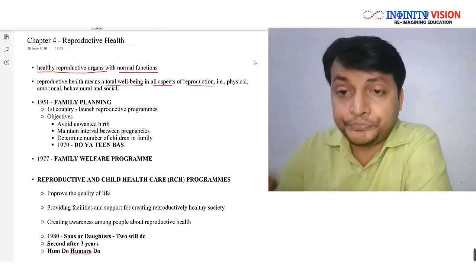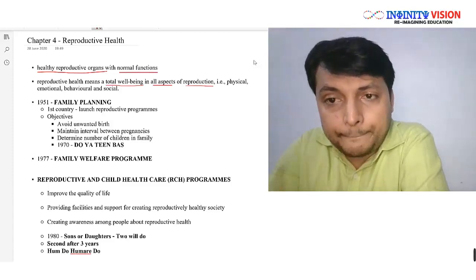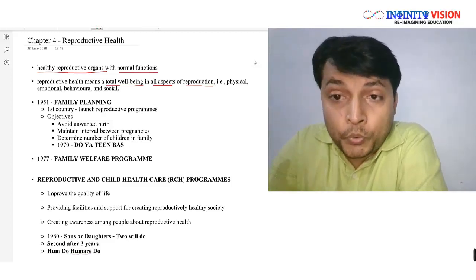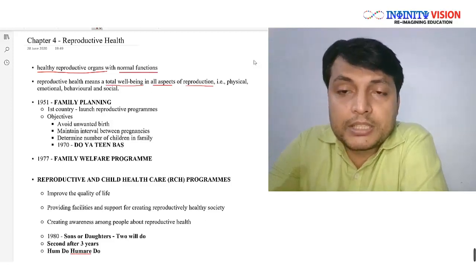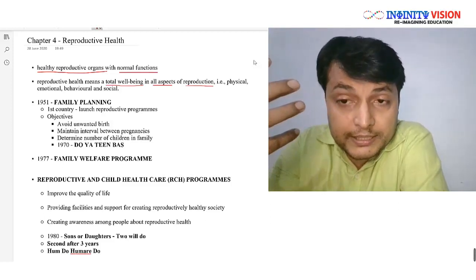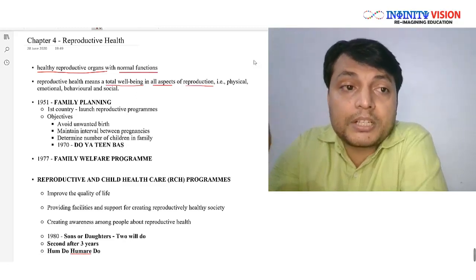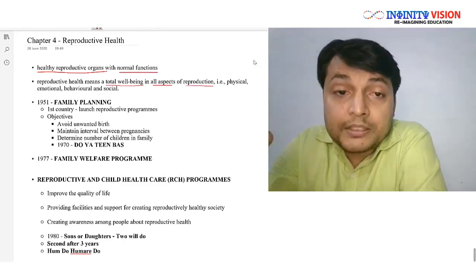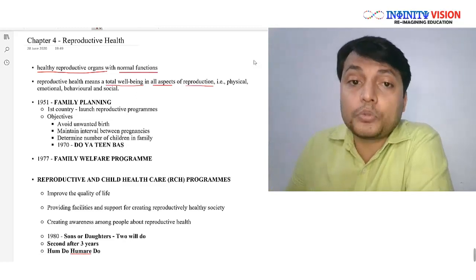Those of you who think that reproduction is all about the reproductive organs and only the physical thing, no, let me tell you, no. Reproduction is not only a physical process, but also an emotional, behavioral, and social process. So when the WHO says total well-being in all aspects of reproduction, they mean the physical, emotional, behavioral, and social aspects.